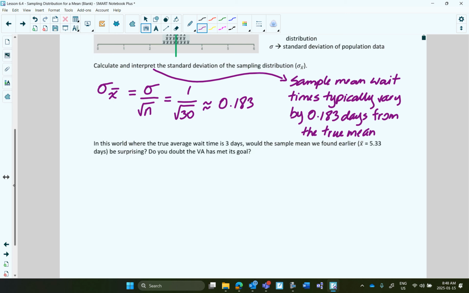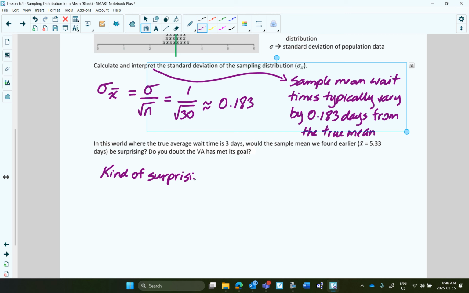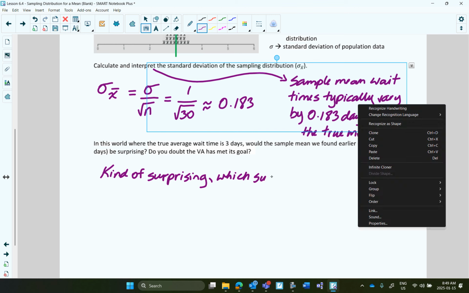So yeah, kind of surprising. It's over 2 days there. Okay. Which suggests they haven't met the goal.